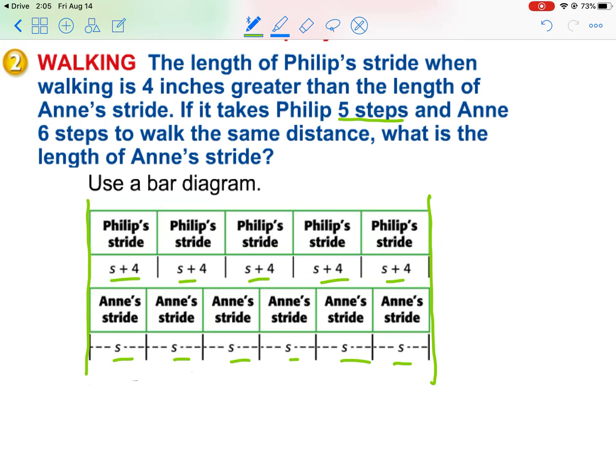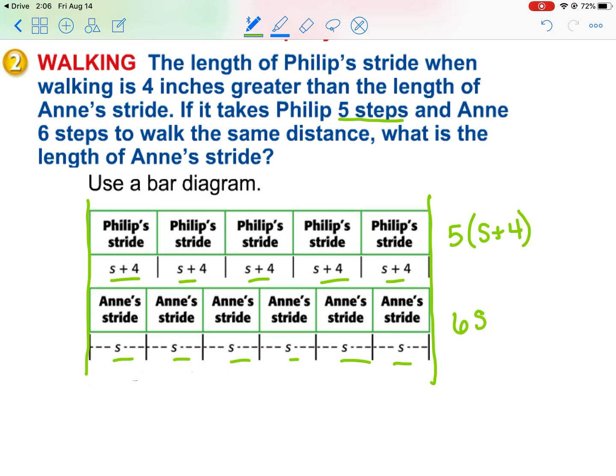So that is represented by s plus 4. To write this equation, Philip takes 5 steps, and each step is s plus 4 inches long. For Anne, it takes her 6 steps, and the length of her stride is s.